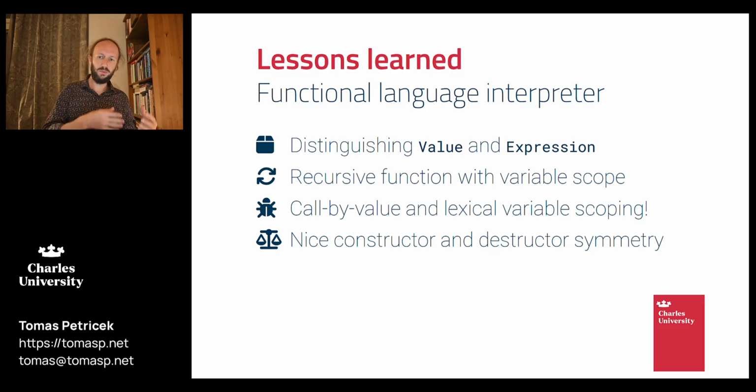It is interesting to see how the recursive function definitions have to work in a clever way with the variables in scope, because you are defining a function that can be used from within itself. It also forces you to think about the variable scoping, because if we want to have lexical variable scoping, we have to implement the functions in a certain way.